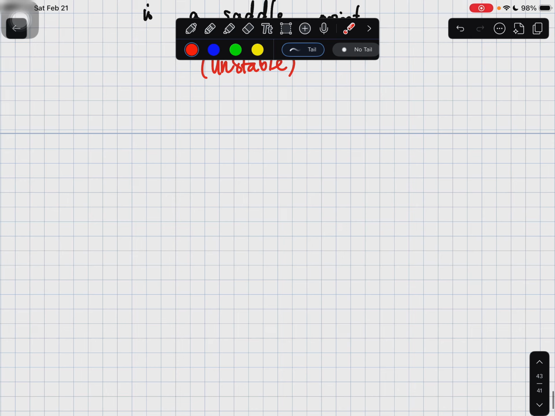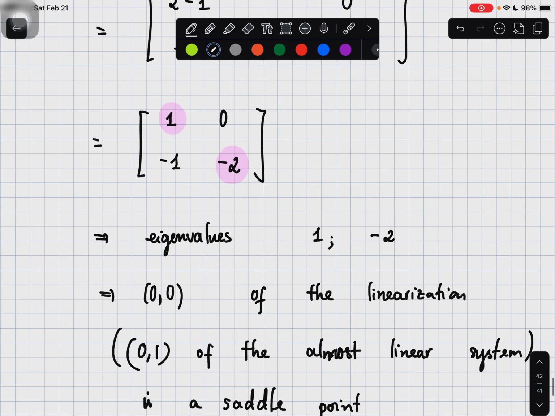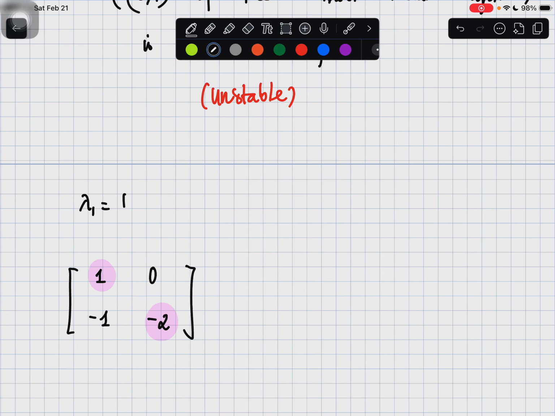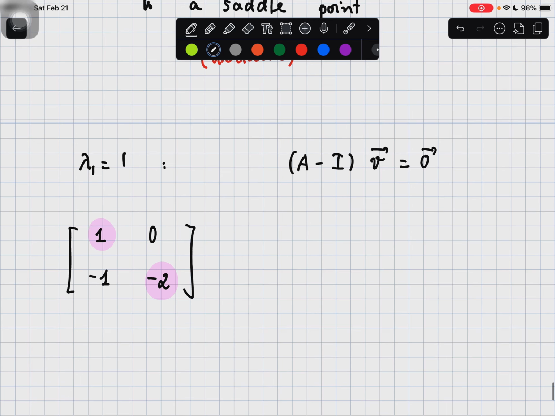So for lambda 1 equal to 1, we are trying to find v such that (A minus lambda I)v equals 0, so A minus 1 I. We subtract 1 here: minus 1, minus 1, 0, 0, minus 1, minus 3.